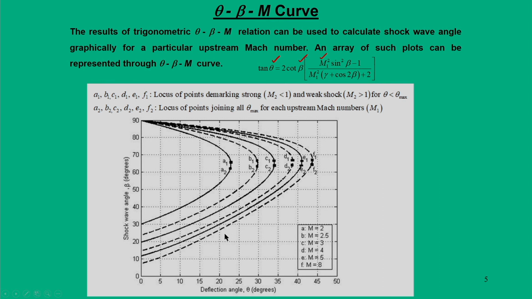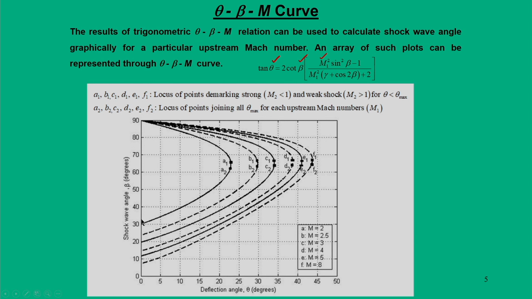Now, if you look at some characteristic features of this array of curves, I can divide this into two major categories. Take one particular Mach number, let us say the first case, curve A, Mach 2.